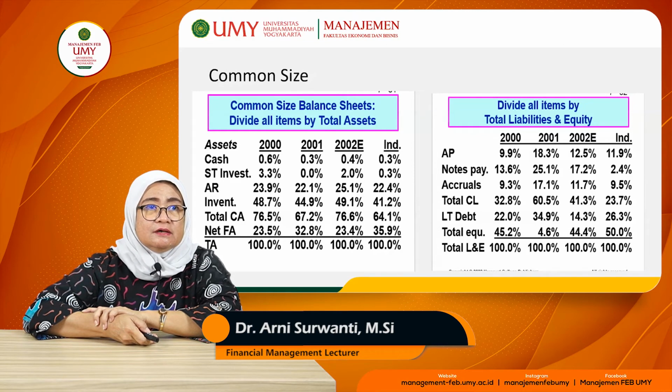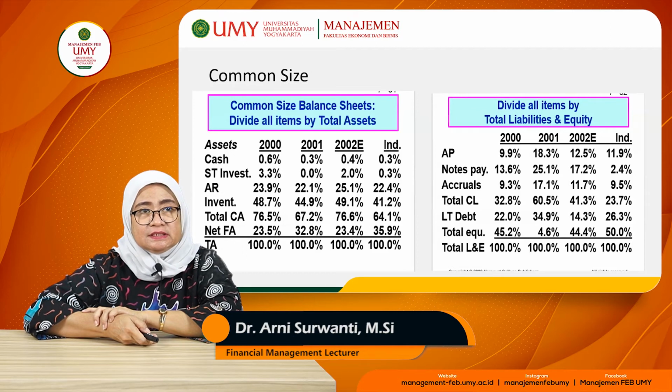Another analysis of financial statements is common size analysis. In common size analysis, we divide all items in the balance sheet, for example, in here. In the asset side, all items in assets are divided by total assets.